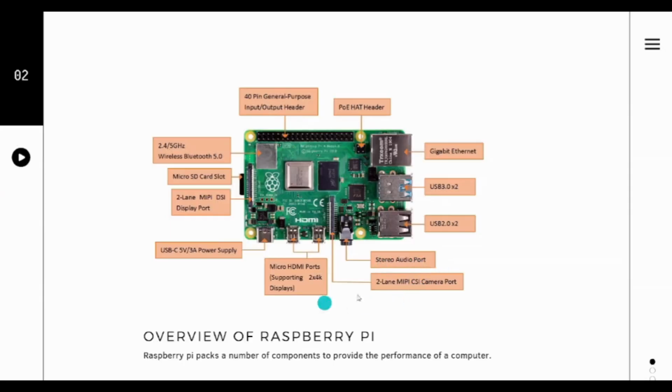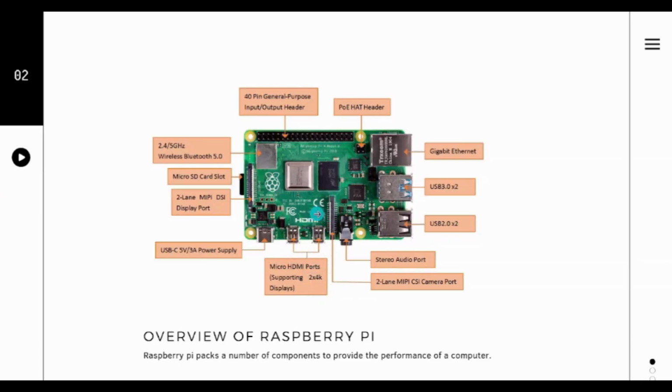There is also a two-lane camera port, where we can connect a Raspberry Pi camera.